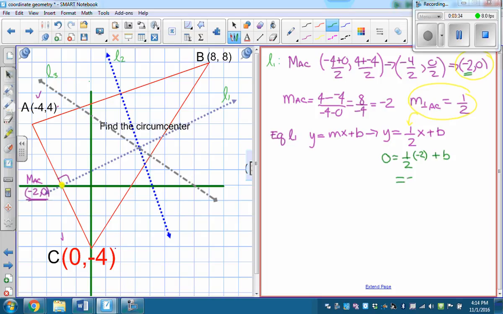So that's -1/2 plus b is equal to 0. Add 1/2 to both sides. 1/2 equals b. Cross that out. So the equation of line 1, the final equation, is y equals 1/2 x plus 1.